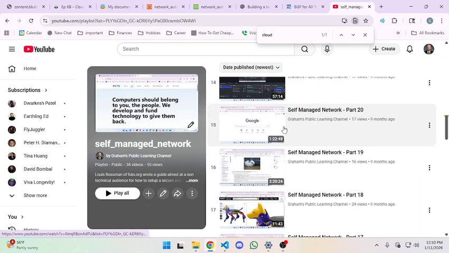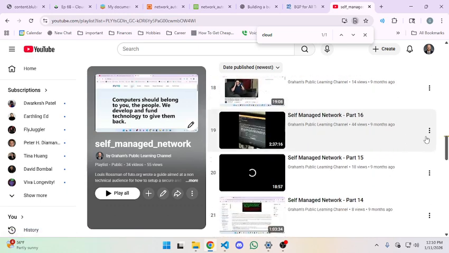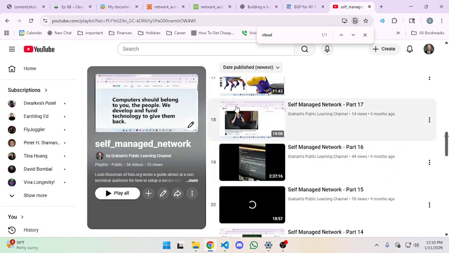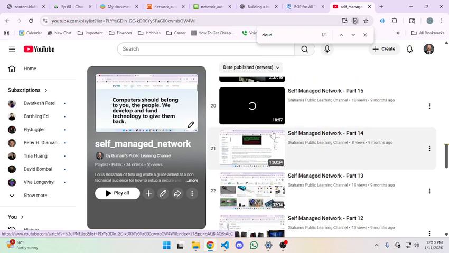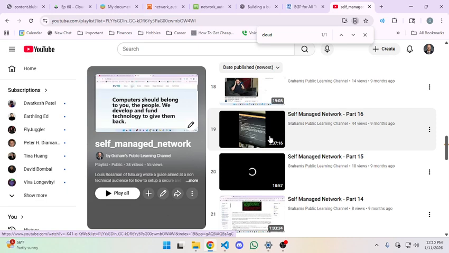I went through and built out my network according to a guide written by the legendary Louis Rossman out of Austin, Texas. I've actually met him and been to his home office, where they host public events. They partner with the Austin Science Network, which is run by really awesome people that give people a chance to go in and learn about the latest science.